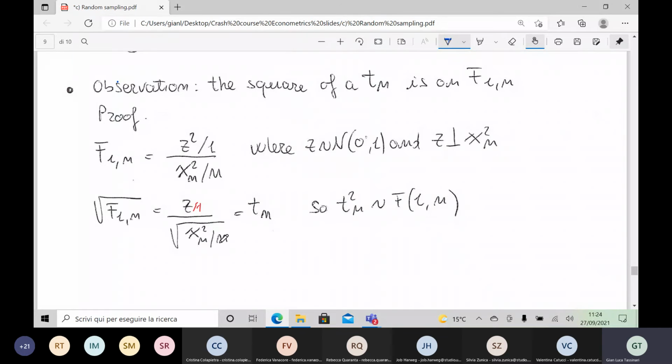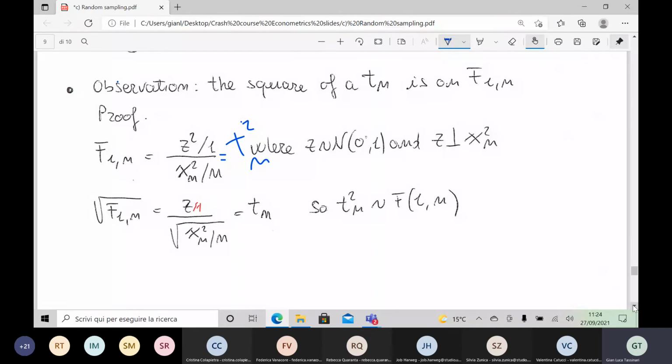So the square root of an F of Fisher with 1 and n degrees of freedom is a Student's t. If, on the contrary, you raise it to the power 2, you get this. So a Student's t distribution with n degrees of freedom raised to the power 2 is, by construction, also an F of Fisher with 1 and n degrees of freedom.